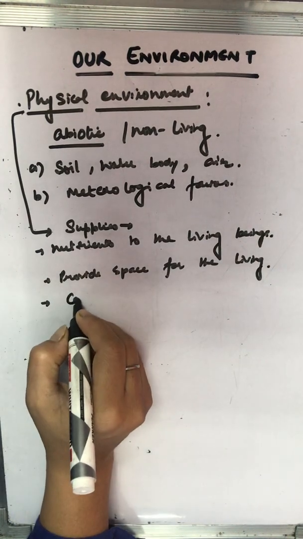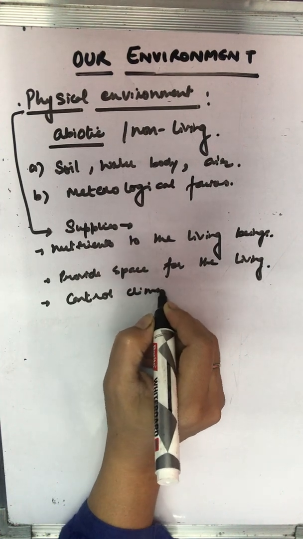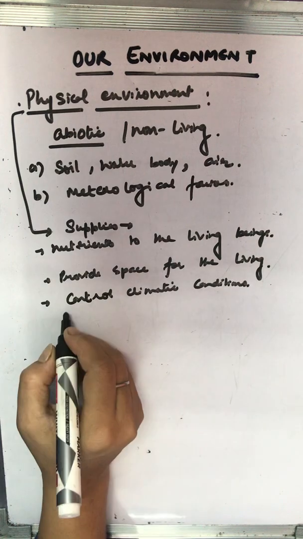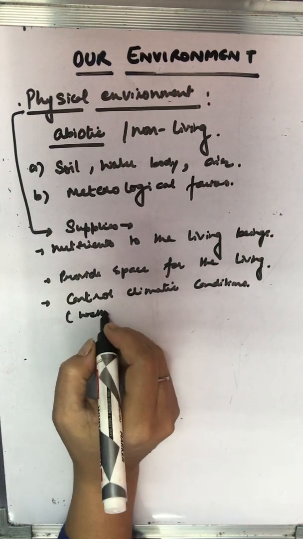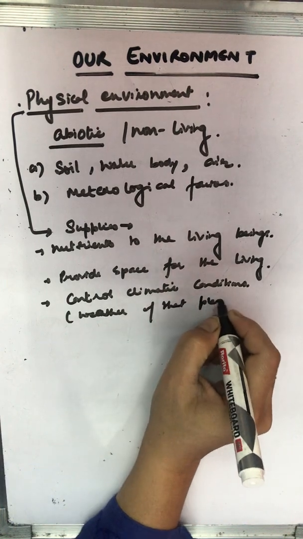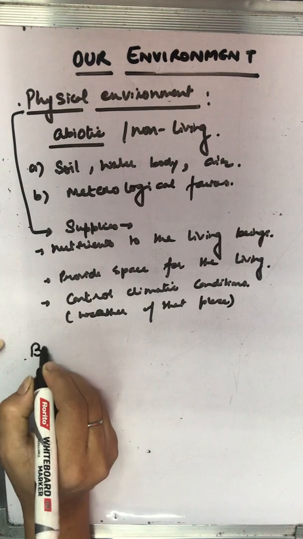Number three, controls climatic conditions. That means it controls the weather of that place.